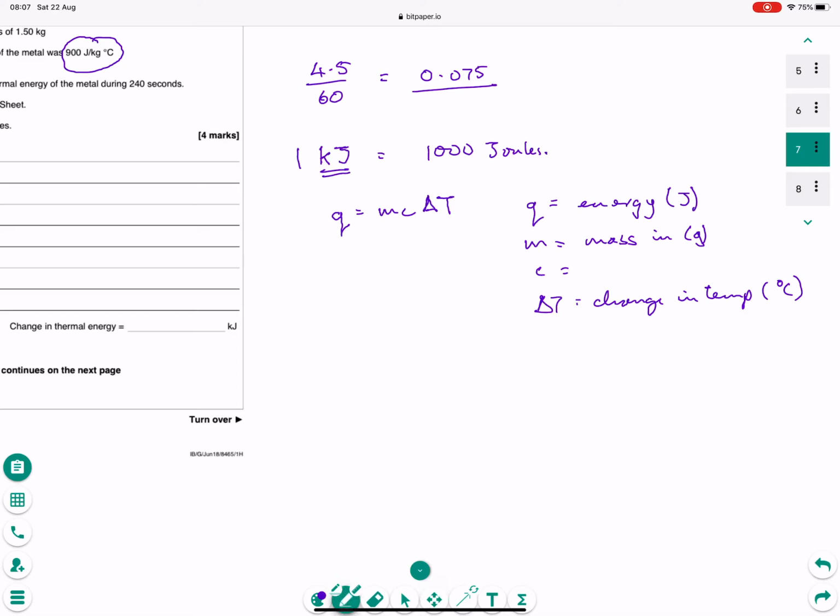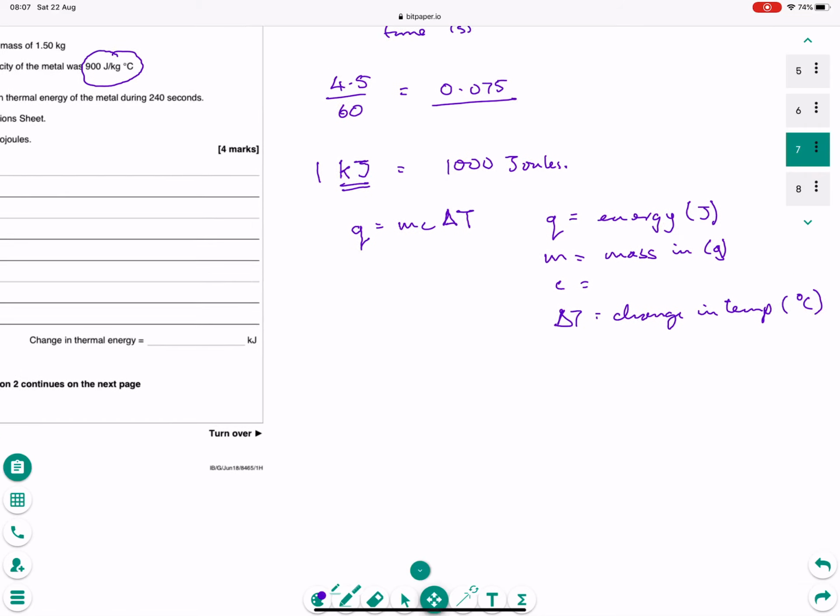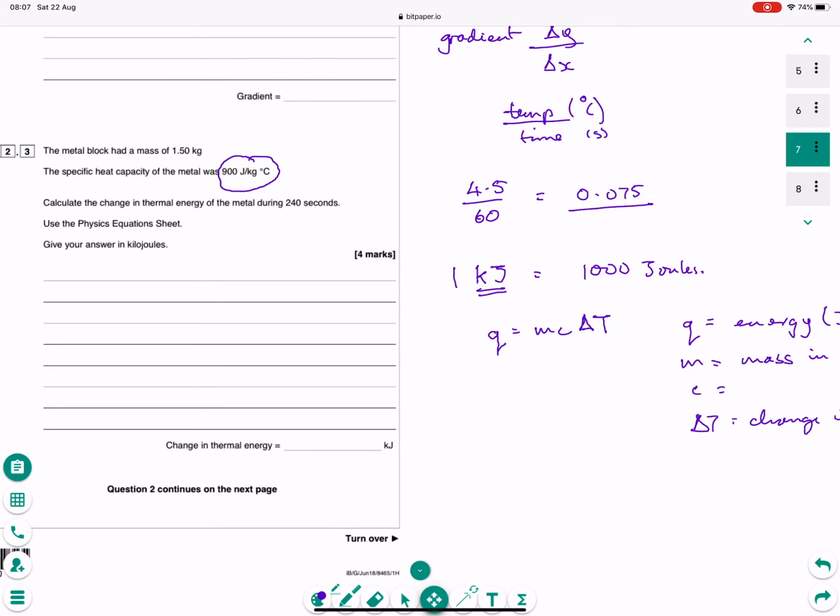Okay, so we've got some information now in order to calculate this. The mass of the block, they give you here. Okay, but we want this in grams. So 1,000 grams in a kilogram, so times this by 1,000, so you'd have 1,500 times your specific heat capacity.